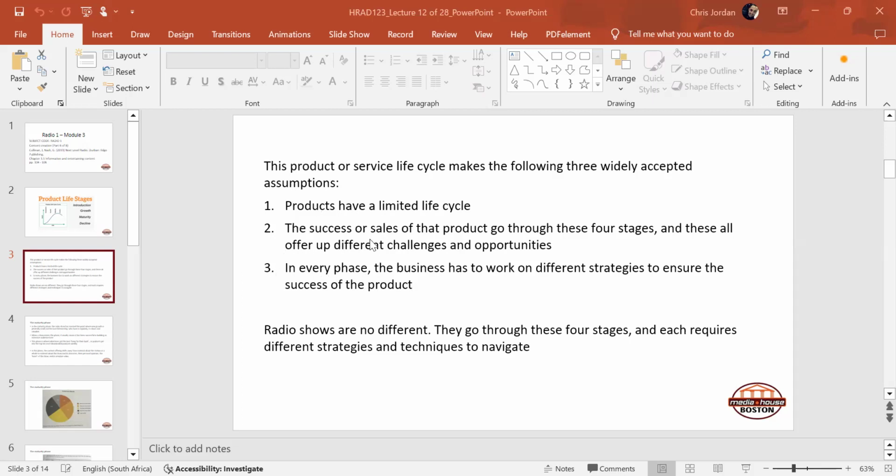The success of sales of that particular product goes through these four stages, where the show will grow, and it will ebb and flow. These all offer different challenges and opportunities at different times.